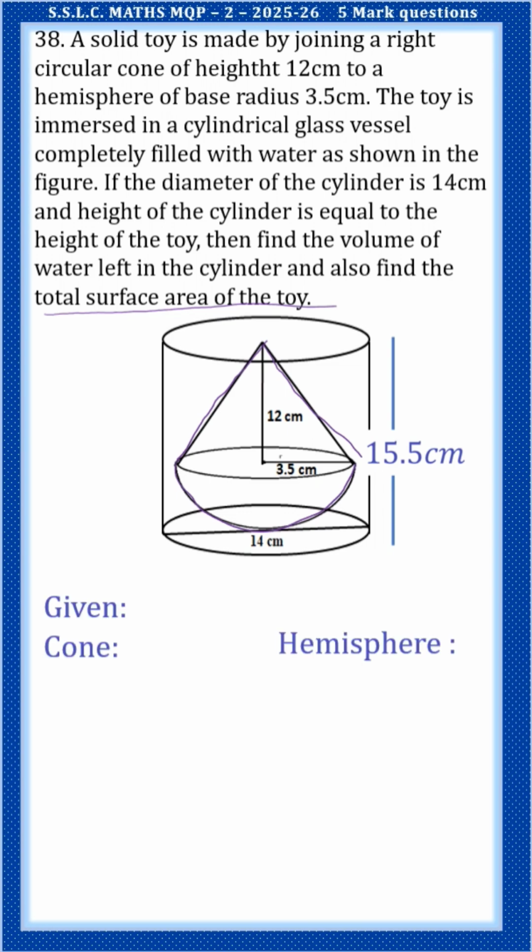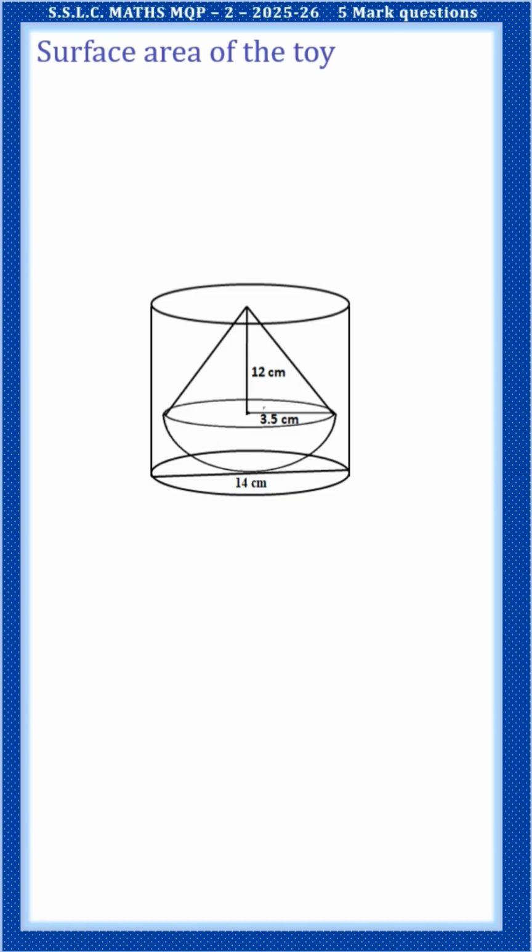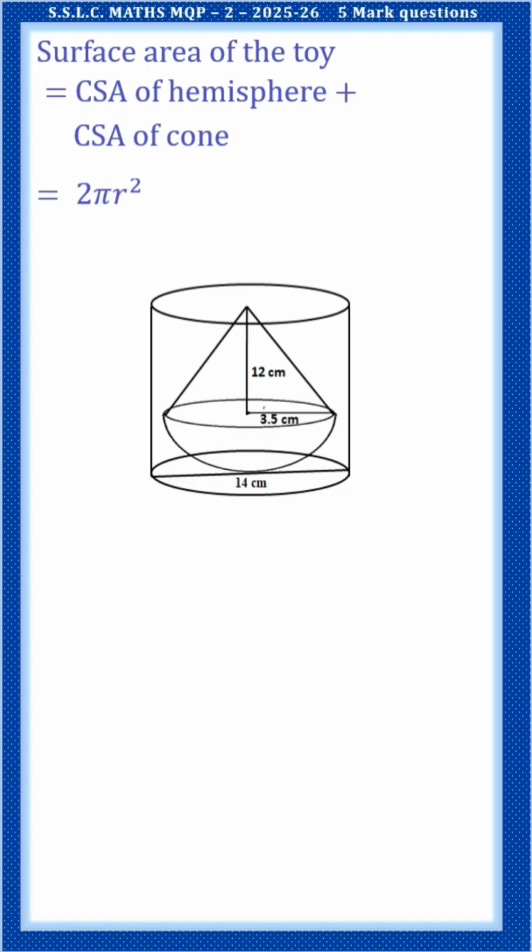Radius is 3.5 in both cases, height of the cone is 12 centimeter. Now let us calculate CSA of the hemisphere plus CSA of the cone. CSA of the hemisphere is 2 pi r square. CSA of the cone is pi r l.